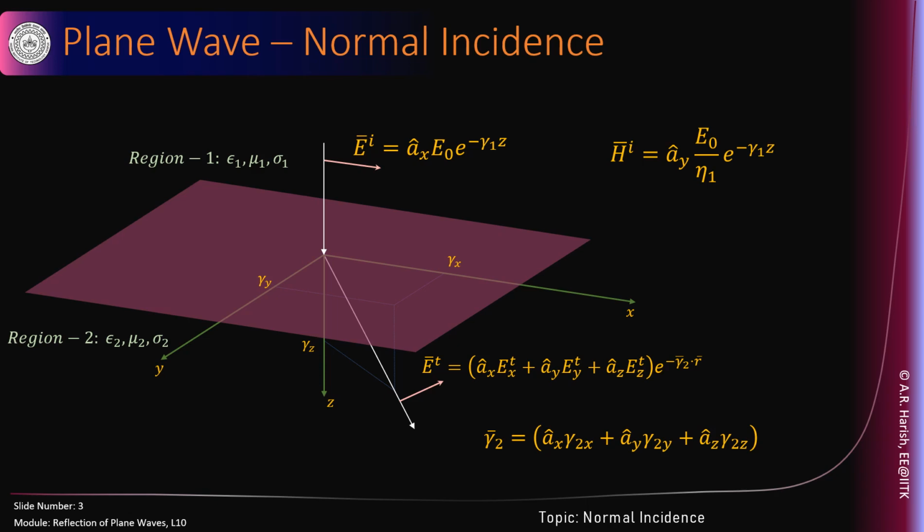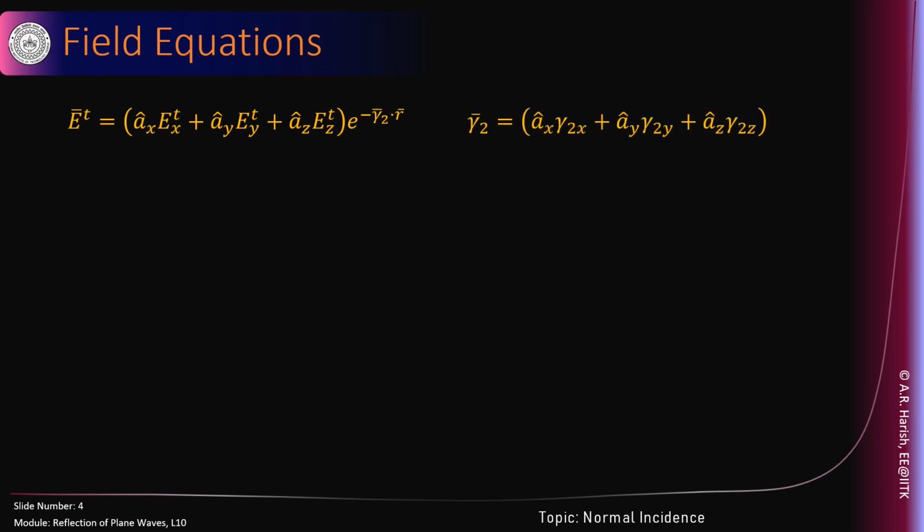Now the question that we have is, how do you compute E xt, E yt, E zt and gamma 2x, gamma 2y and gamma 2z? That's still the question. For that, we'll have to write some field equations. Let's do that. E t is this equation and gamma 2 bar is given by this equation. You have a physical picture of these two equations, and we understand them.